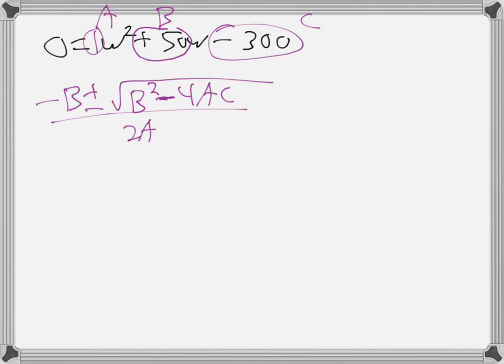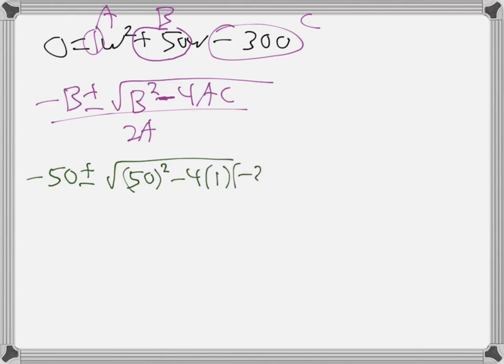So plug them in. Plug in A, B, and C over 2 times A is 1. So use your calculator. Watch your signs. 2 negatives, right? Yeah.